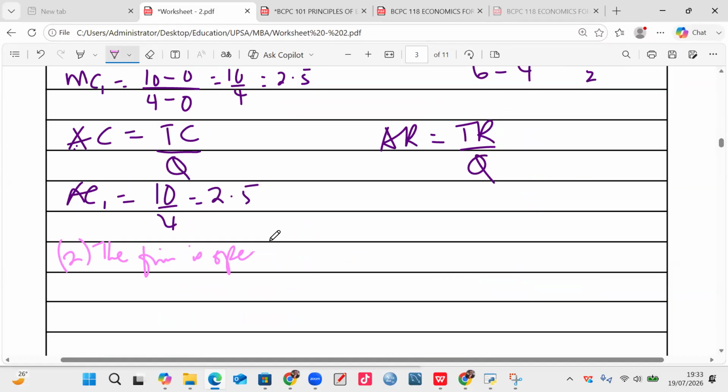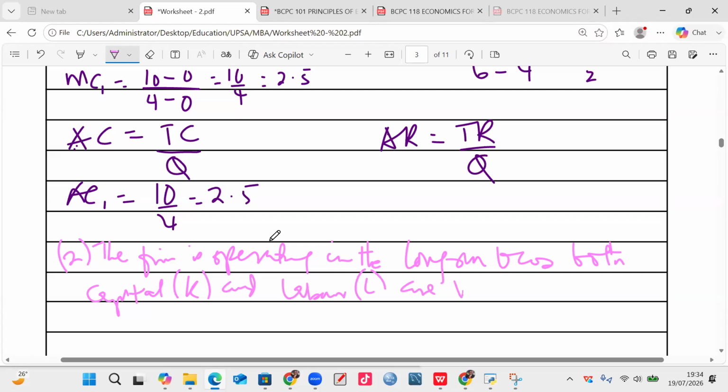The firm is operating in the long run because both capital and labor are variable.